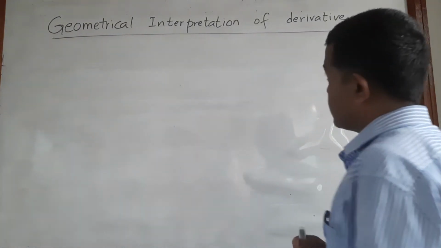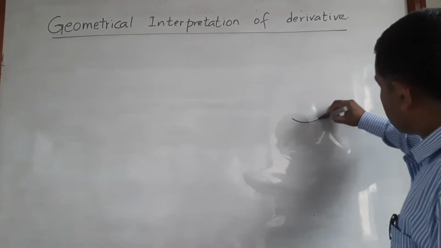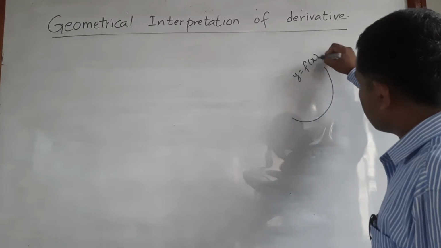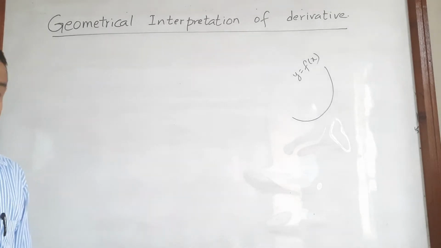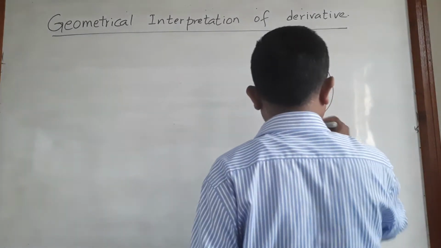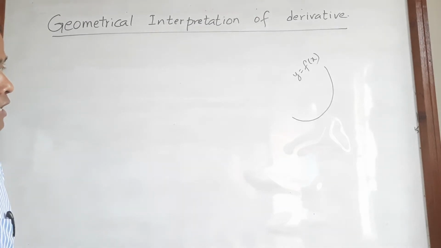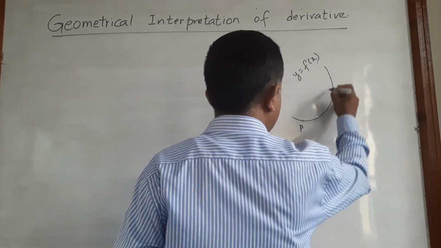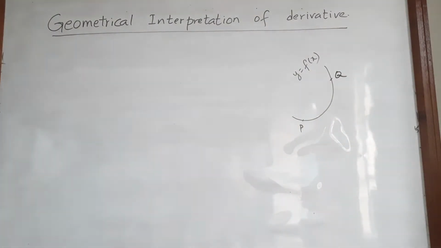Okay, so for this we will take a continuous curve y equals f(x). Let P and Q be any two points on the curve.